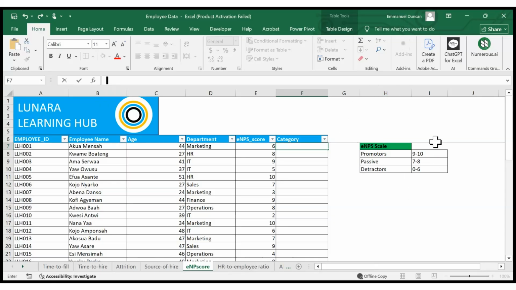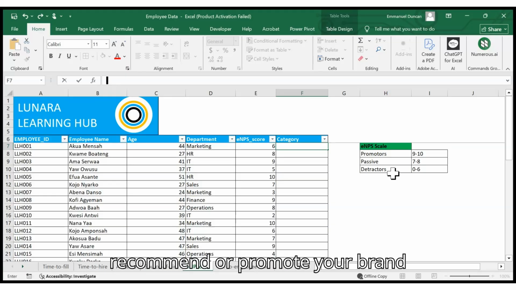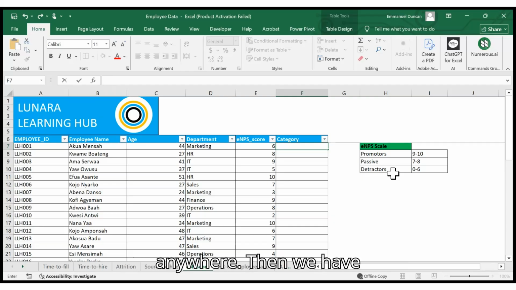So, this is our benchmark. Employees who select within the scale of 0 to 6 are considered detractors, those who won't recommend or promote your brand anywhere. Then we have the passive promoters within the range of 7 to 8.